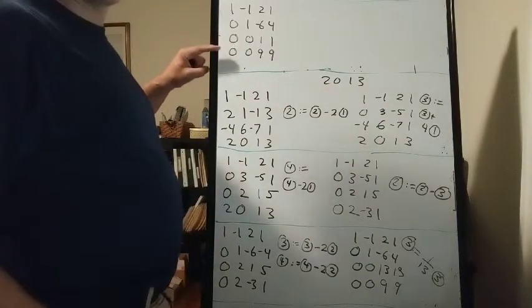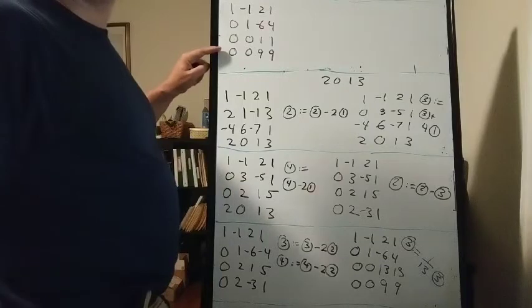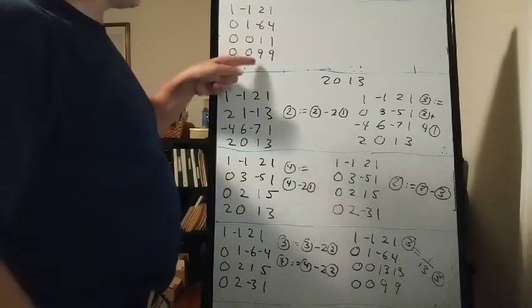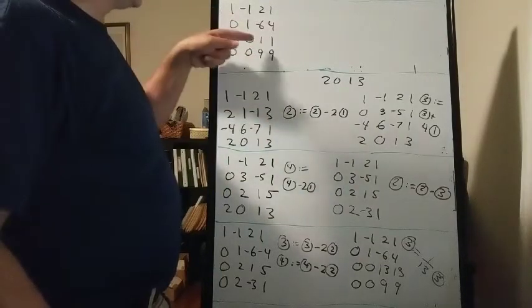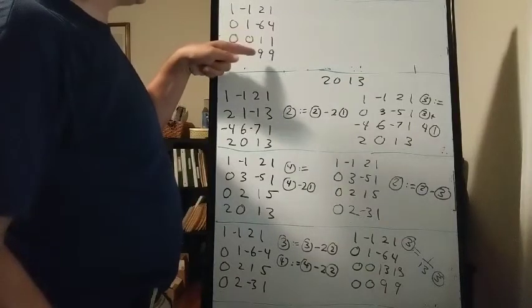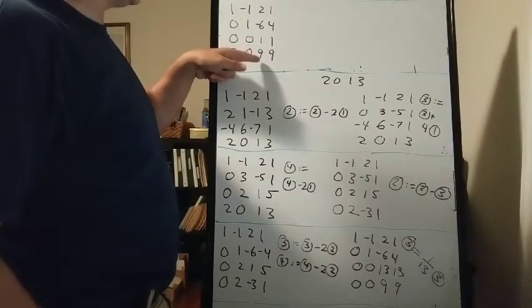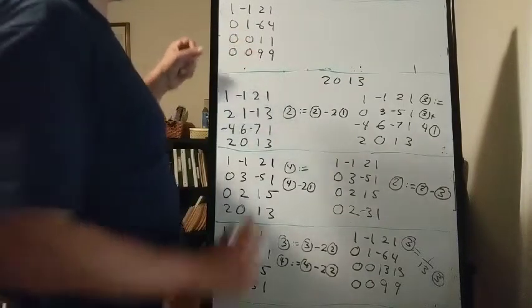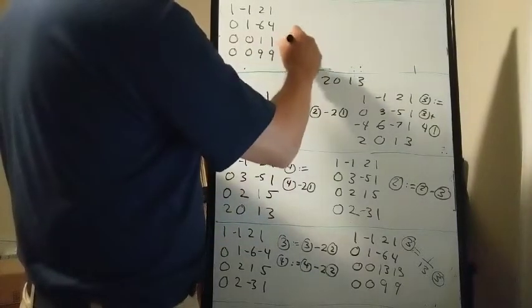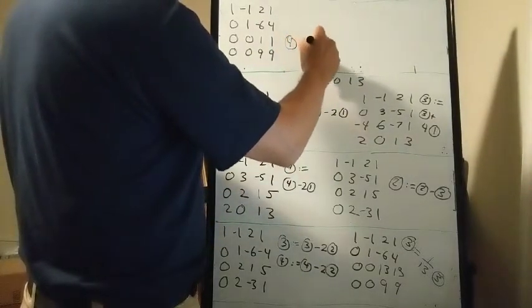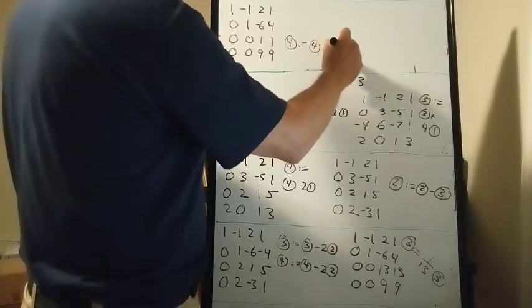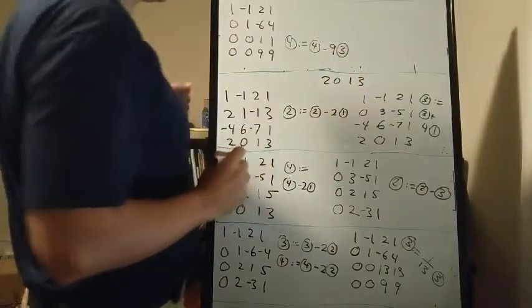Alright, so I want the first non-zero entry in the fourth row to occur further to the right than this one. So I'm going to subtract 9 copies of the third row to get rid of the 9 here, to make a 0. So row 4 becomes row 4 minus 9 copies of row 3.